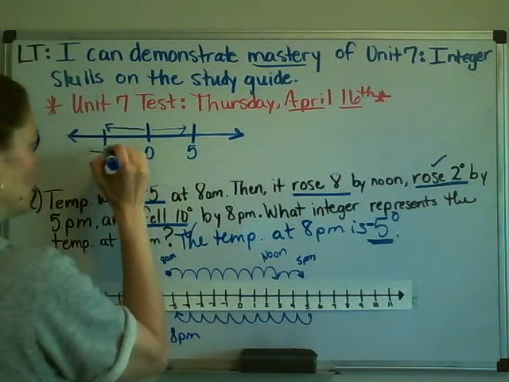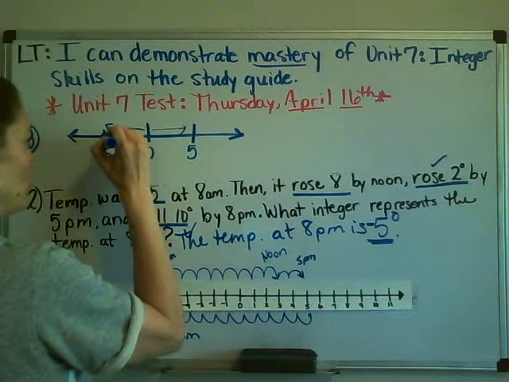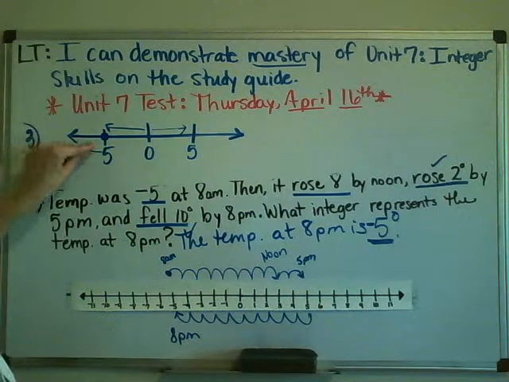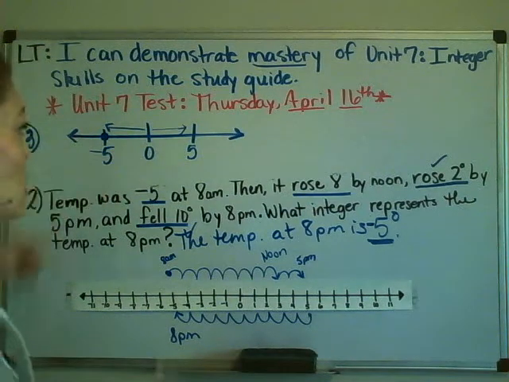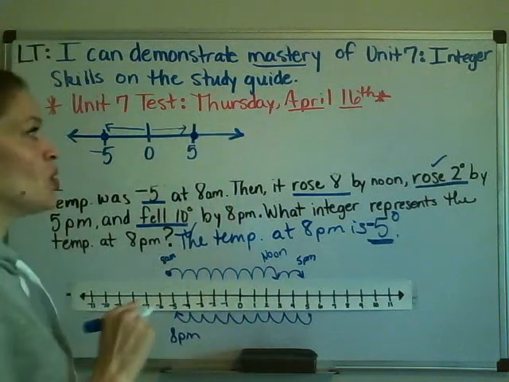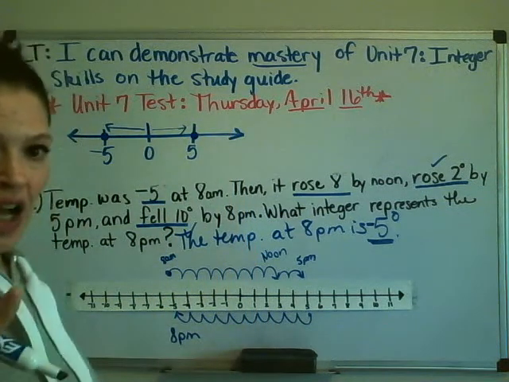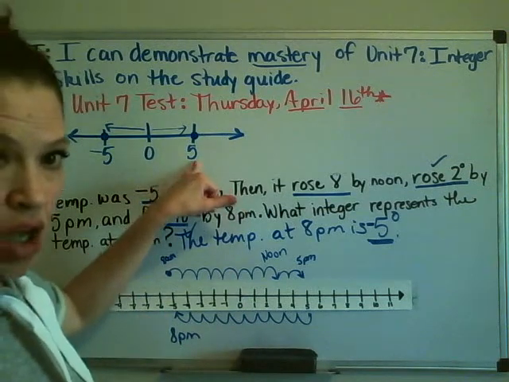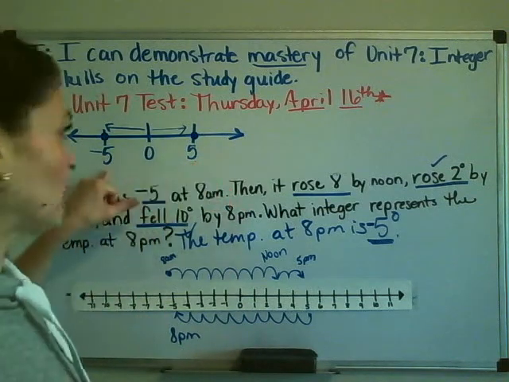So negative 5. So graphing it means you're going to place a dot and you're going to make your number line. And there we go. So did I graph number 5 positive? Yes, I did right there. And its opposite? Yes, over here.